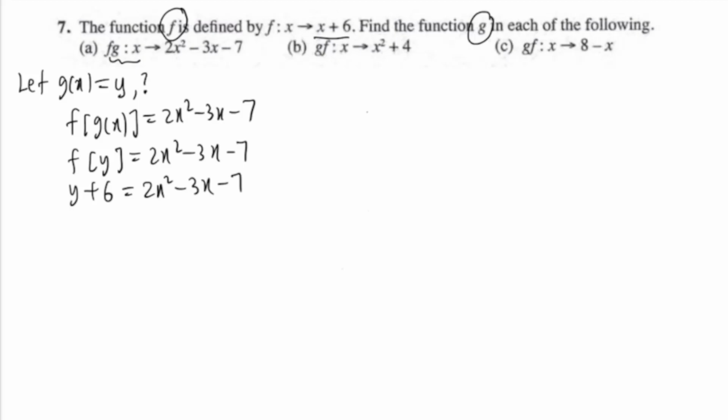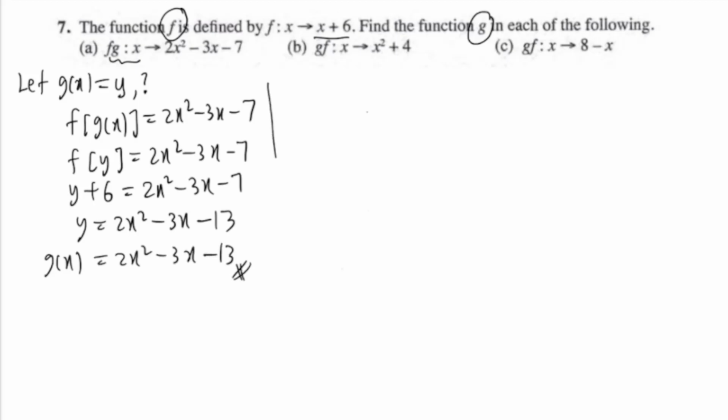I'm finding y, so let's make y the subject. So it's 2x squared minus 3x minus 11. So, sorry, minus 13. 7, 6, 13. Therefore, your g(x) is 2x squared minus 3x minus 13. Alright, that is part A.